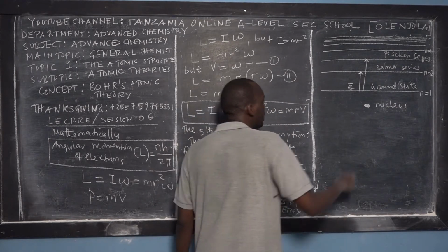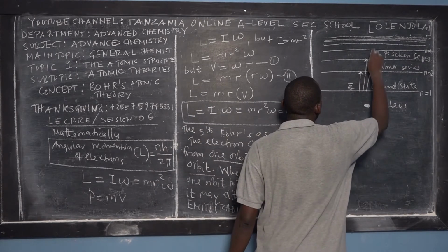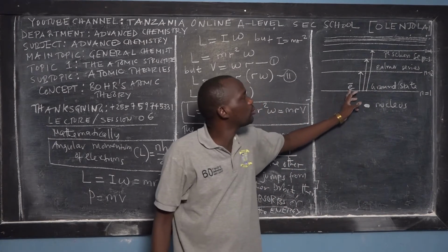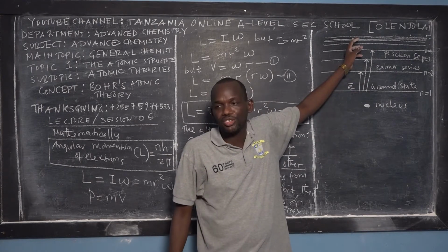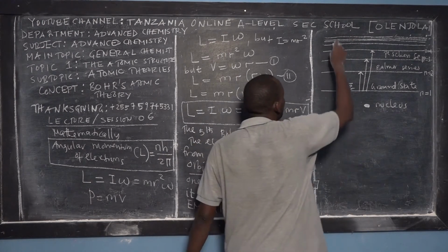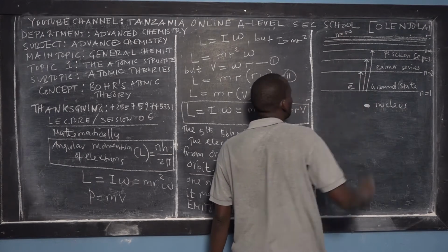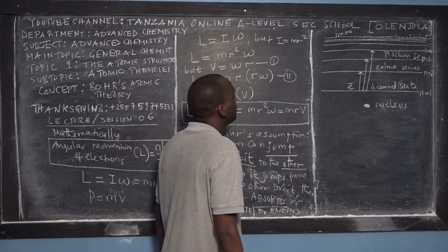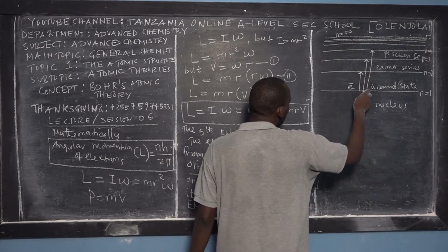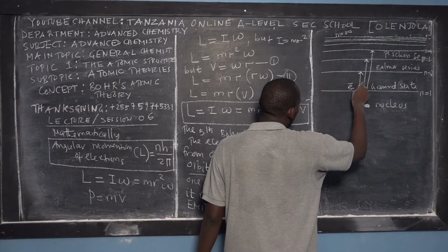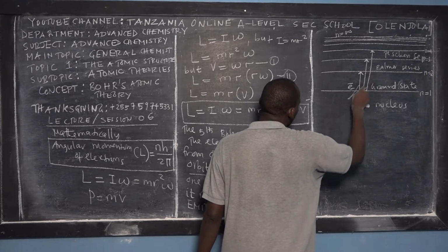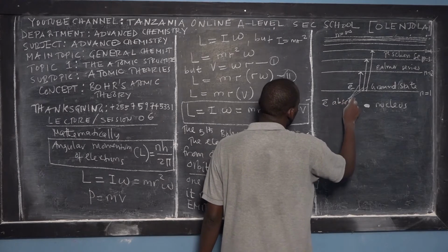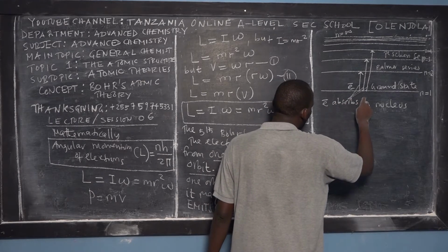Even if the electron wants to jump from the ground state to the infinity region, it has to absorb energy, because this is infinity. So at infinity, it means n is equal to infinity, where the ionization process takes place. So it means that in all of these cases, electrons absorb energy.